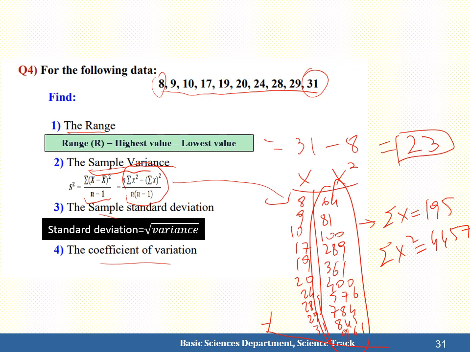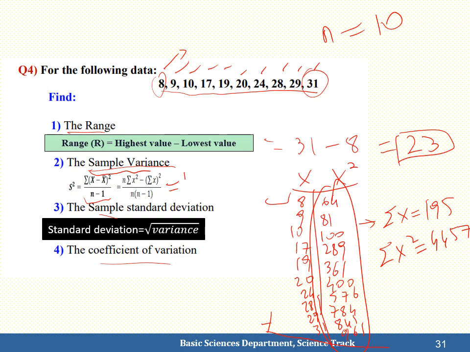And let's put them in here and let's see what it is. So this is equal to n times, what is n? So it's 1, 2, 3, 4, 5, 6, 7, 8, 9, 10. So n is 10.